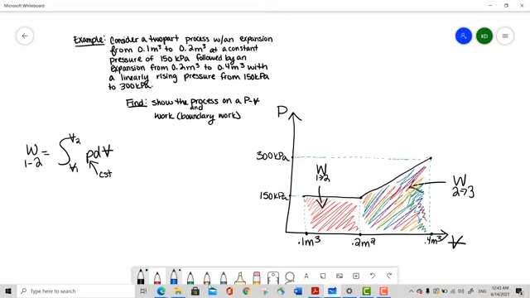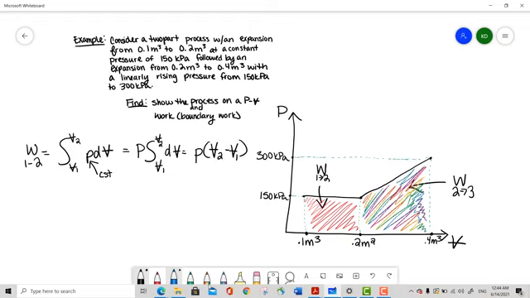Because it says it right here, but you can also clearly see it from the diagram. And this is what we're solving for. So what can we do? We can pull P out in front, and then when we solve the integral, it ends up looking a lot like this: equals P times V2 minus V1.